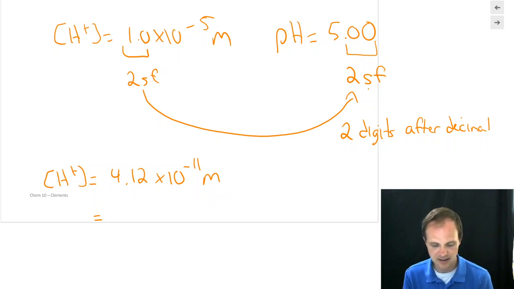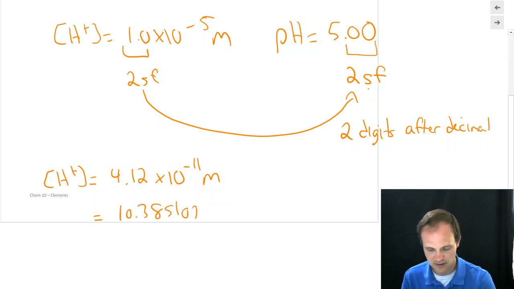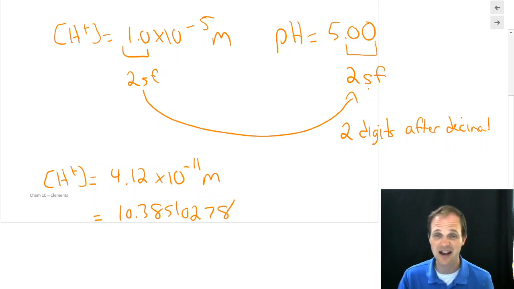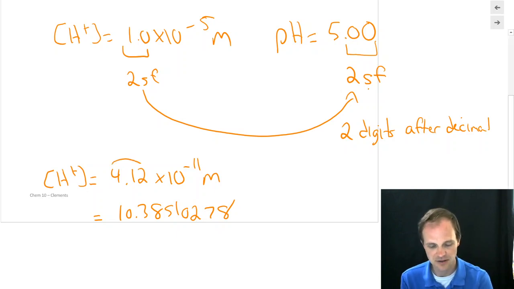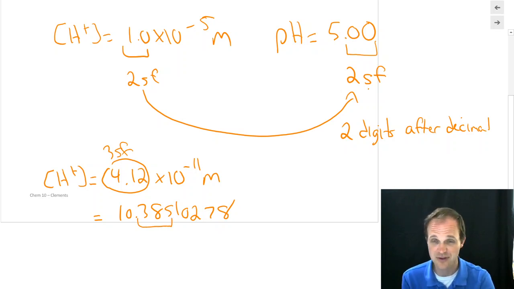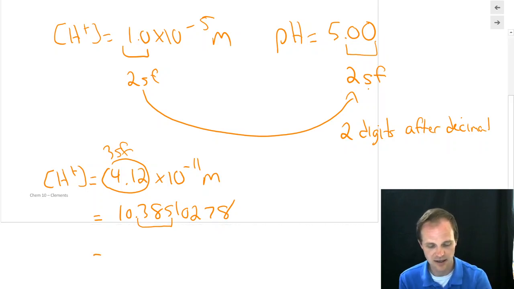I get 10.3851027 is what my calculator tells me, but again, we know better than to leave a number looking like that. What am I going to do? I'm going to do 3 sig figs becomes 3 digits after the decimal. The digits before the decimal don't count. So even though there's a 10 there, it looks like it has 2 significant figures, we're not going to count that. And we're going to say this guy is 10.385.